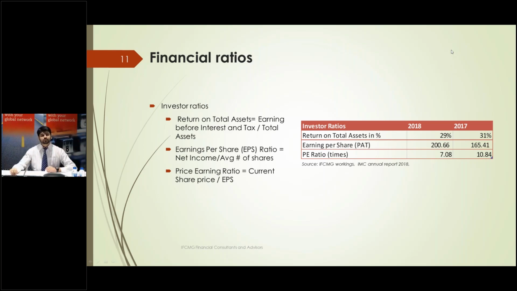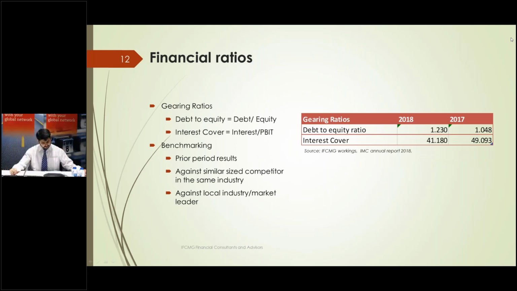Then we have gearing ratio, which is very unique to every company depending upon the industry and the business model. The gearing ratios we've calculated as debt to equity, debt as compared to equity. It is 1.2:1, or in percentage terms, it is very favorable as well.